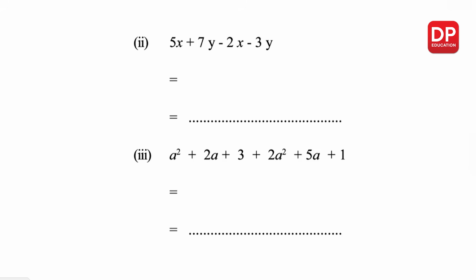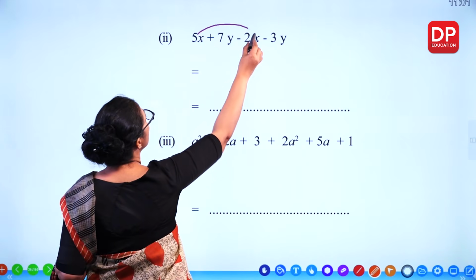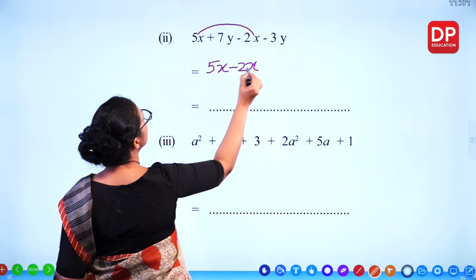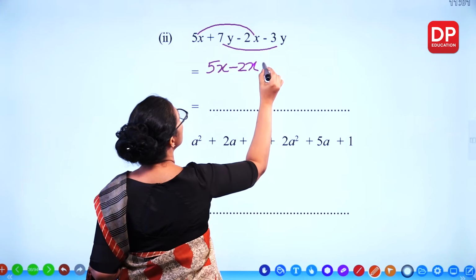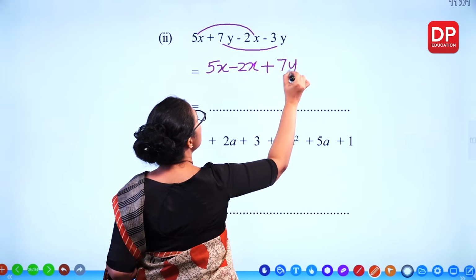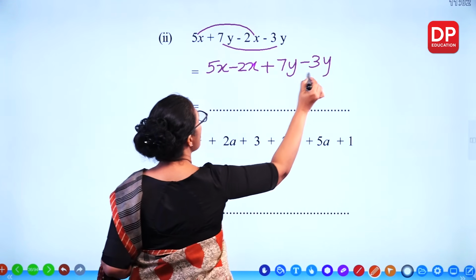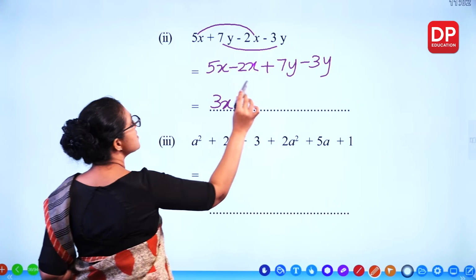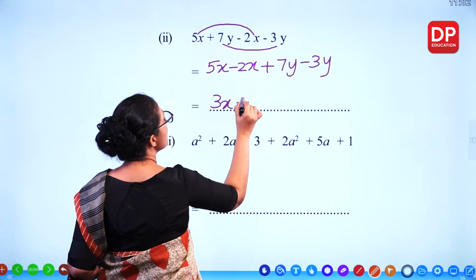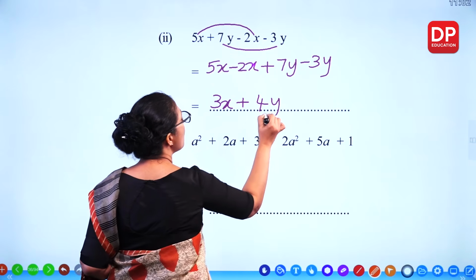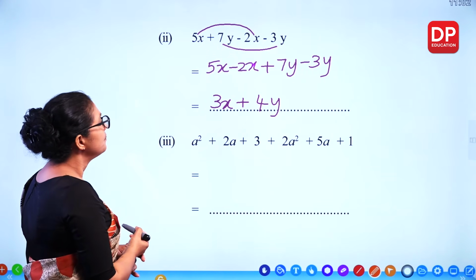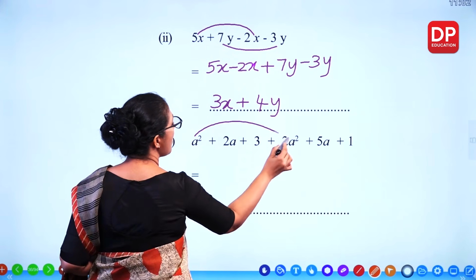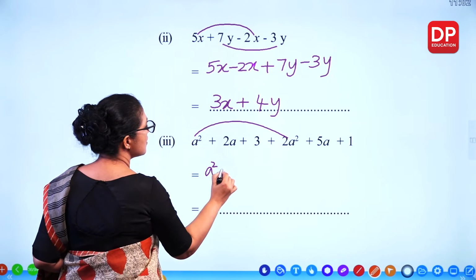Now write it together, x terms. 5x minus 2x. These two you can add. 7y minus 3y. Subtract. 5 minus 2, 3x. 7 minus 3, you get plus 4y. What are the like terms here? A squared and 2a squared.